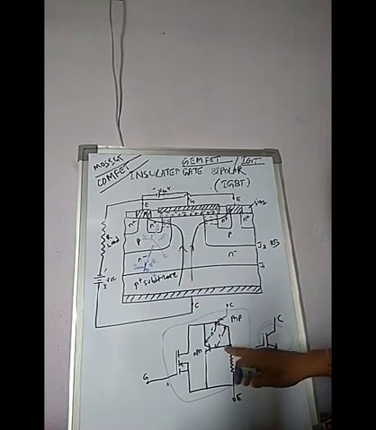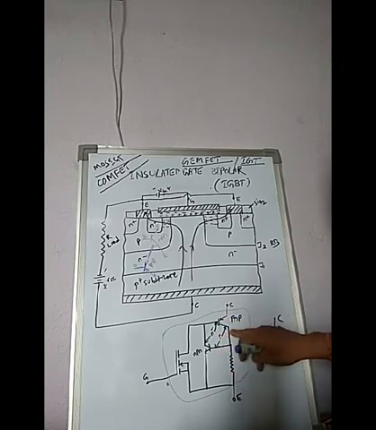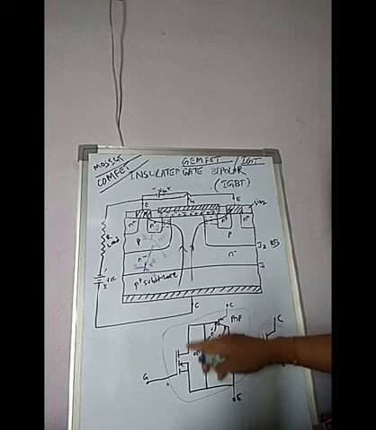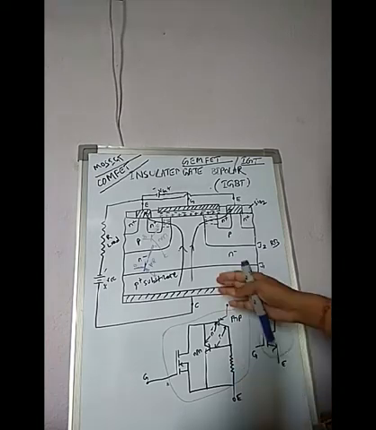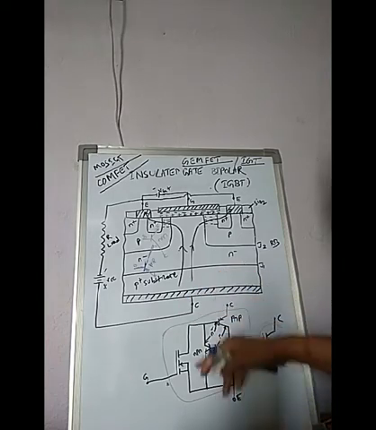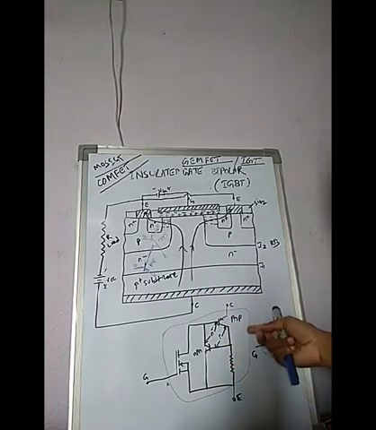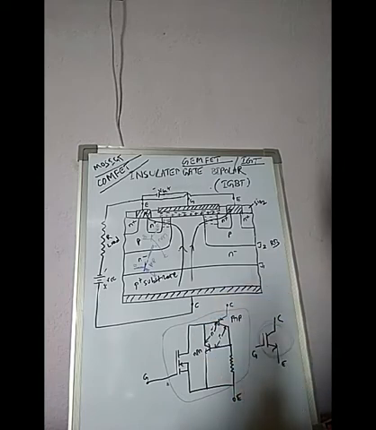This P region serves as collector for this PNP transistor and as base for this NPN transistor. This is the circuit diagram where two transistors, PNP and NPN, and one MOSFET structure are connected internally.